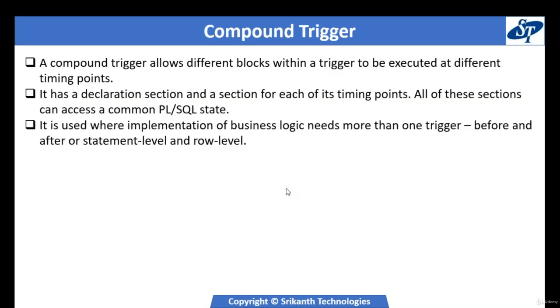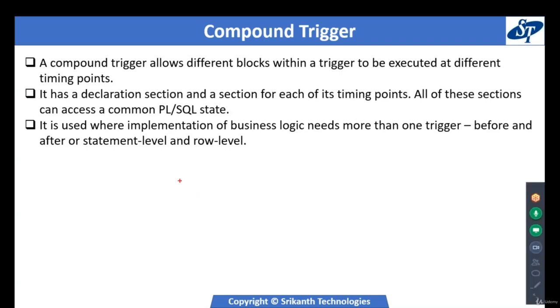Then, in the recent past, we got a very powerful kind of trigger called the compound trigger. This is one trigger that can perform 4 different actions at 4 different events: before row, before statement, after row, after statement. Actually, this would need 4 different triggers.